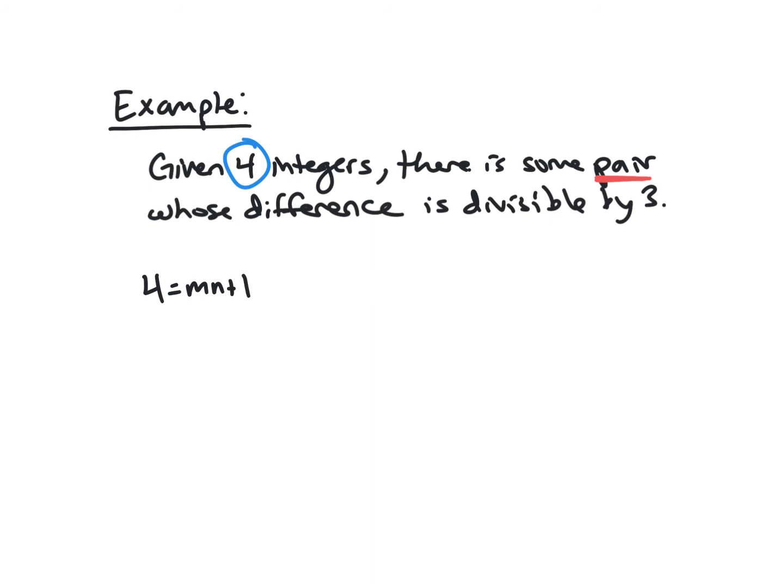And so our end goal is that we can fit m plus 1 in one of those boxes. And so this means that a pair, which is 2, is m plus 1. And so m is 1, right? Well, if m is 1, then this means n plus 1 is 4. So we know that n is then 3.